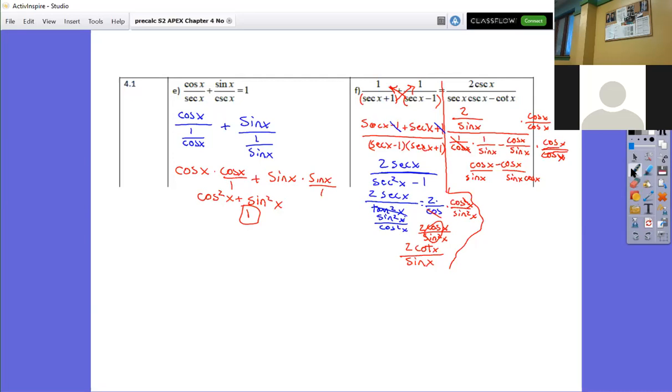That's it. All right, so now the numerator becomes 2 cosine of x over sine of x times cosine of x, all over. So here, that's a square. So I have cosine of x minus cosine squared x over sine of x times sine of x cosine of x.